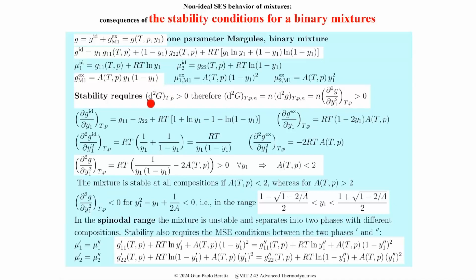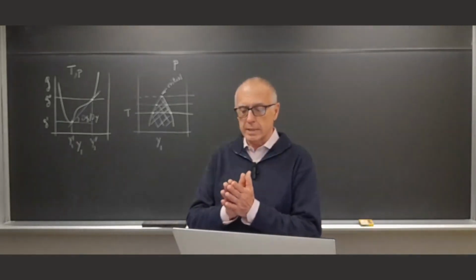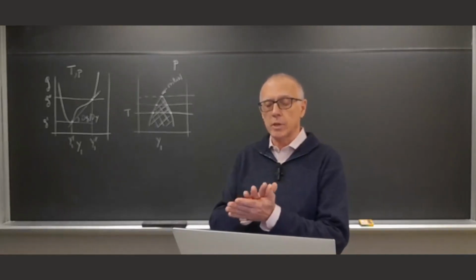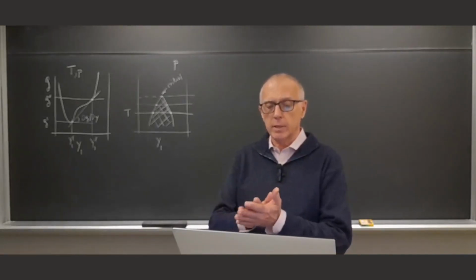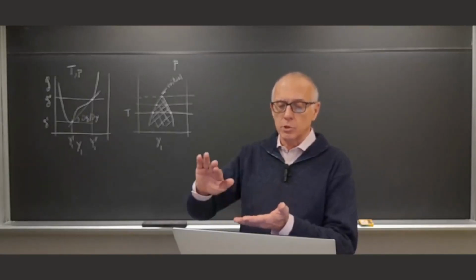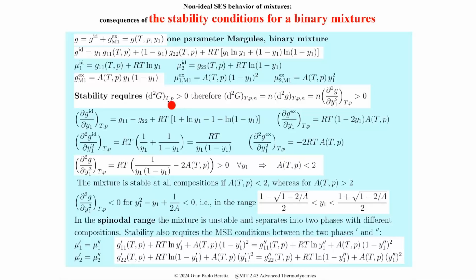Okay, so the second differential of G, if I move out from a state in which the system is in mutual equilibrium with a reservoir at temperature T and P, and I move out by changing the composition while keeping T and P constant, this differential must be greater than 0.